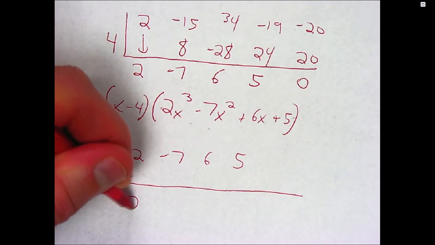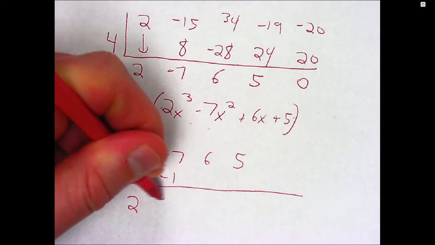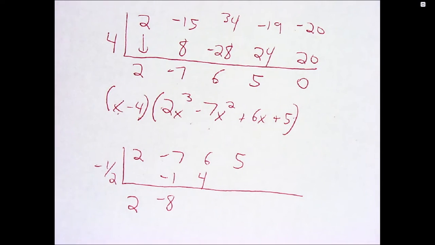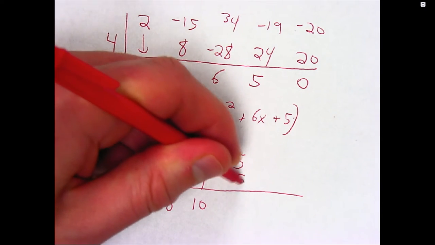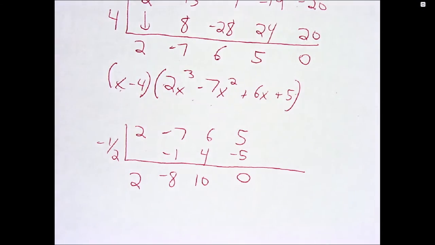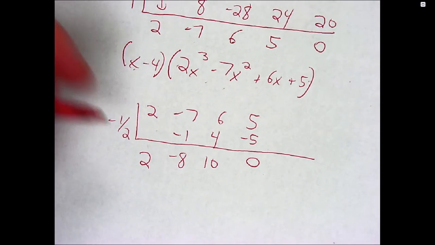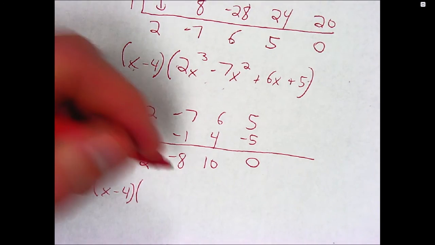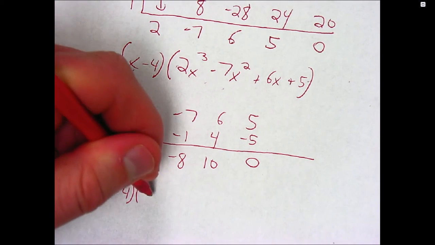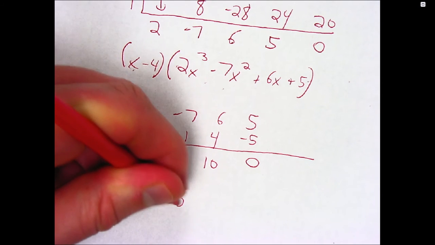So I'm going to bring down the 2, multiply, and add, multiply, and add, multiply, and add, and sure enough, I get a remainder of 0. Now I have been successful in getting another factor. So I have x minus 4, x plus 1/2, right?